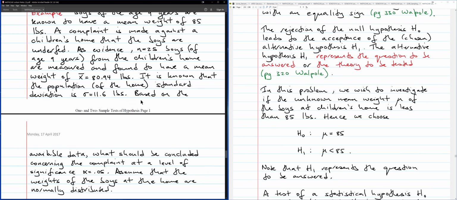So for your problem, when you observe a sample mean of 80.94, this 80.94 is giving you evidence to reject this H0 in favor of H1. And so there's evidence that the boys are actually being underfed.